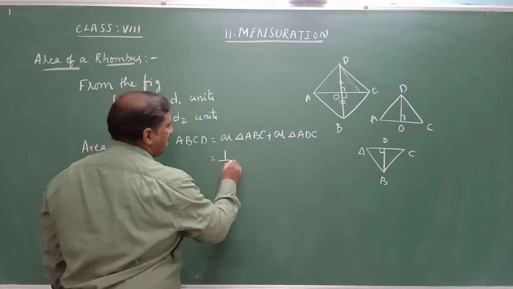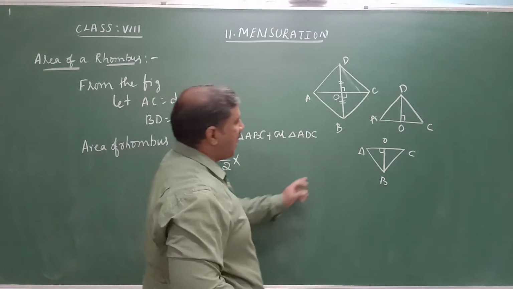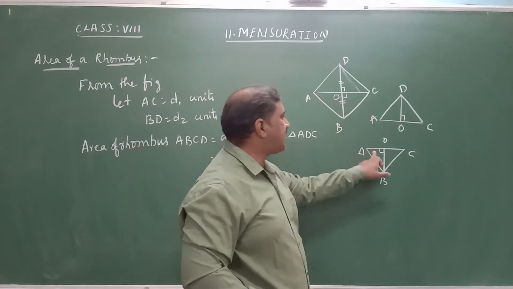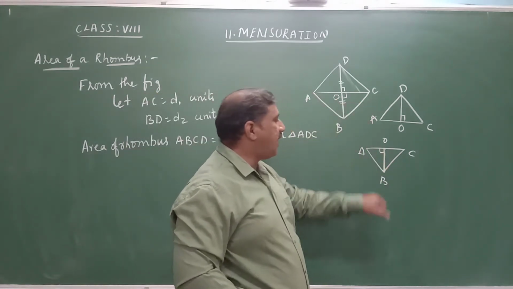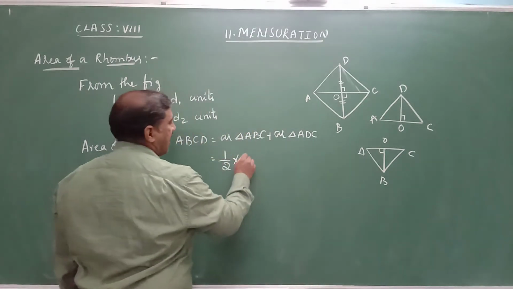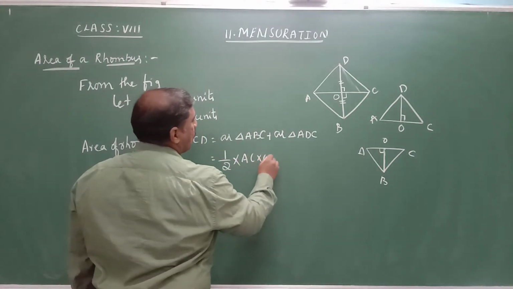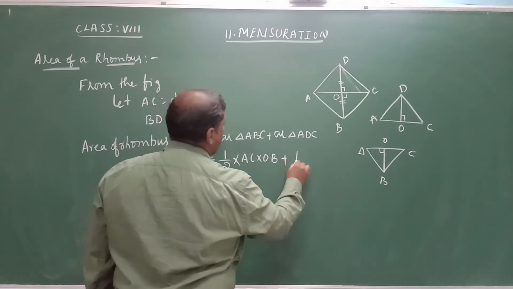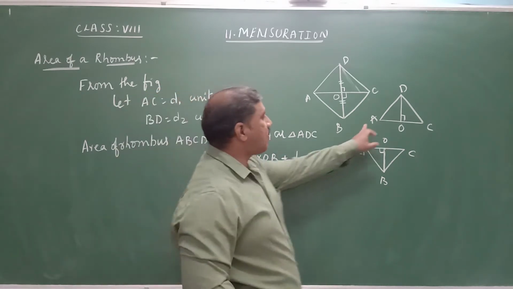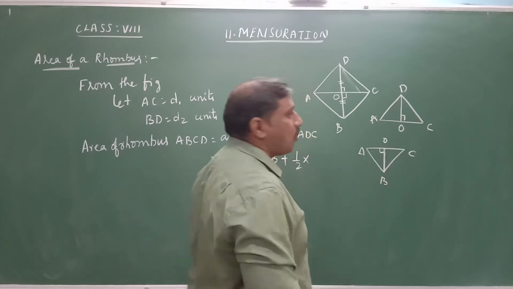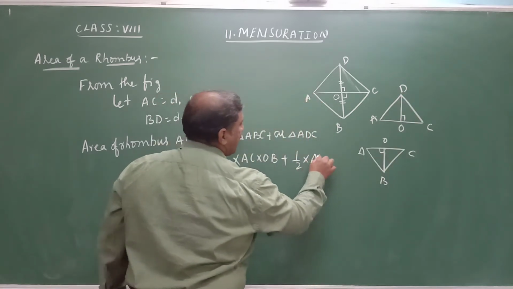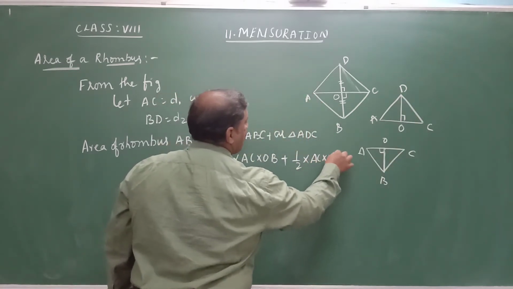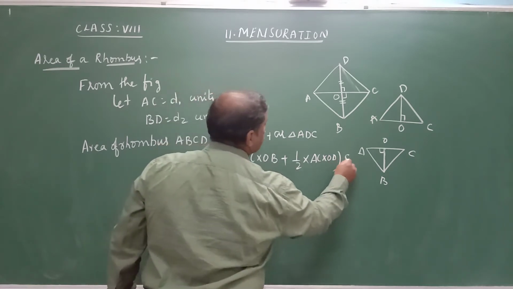That is half into base of triangle ABC, where AC is the base, OB is the altitude, that is half into AC into OB, plus area of triangle ADC, which is again half into base AC and height OD, that is half into AC into OD square units.